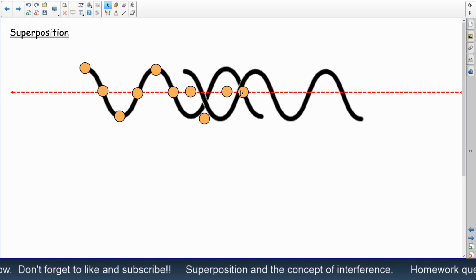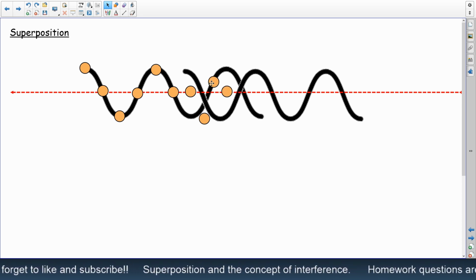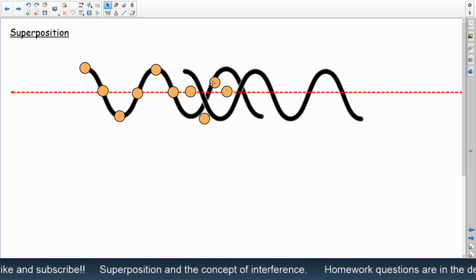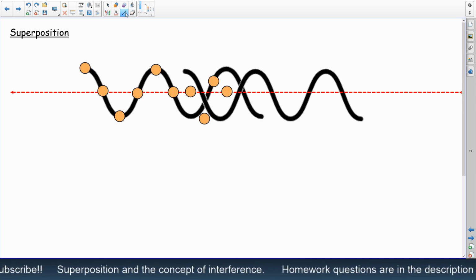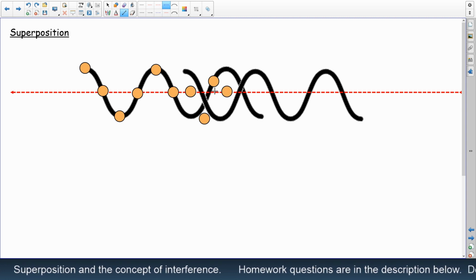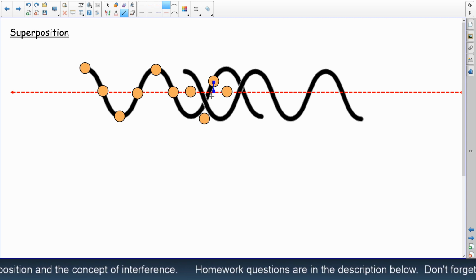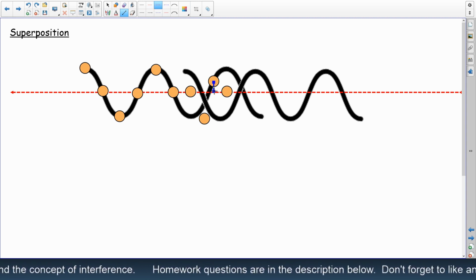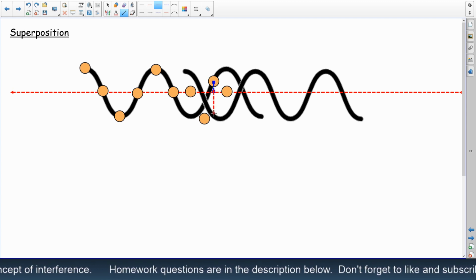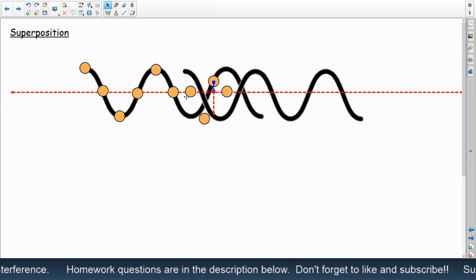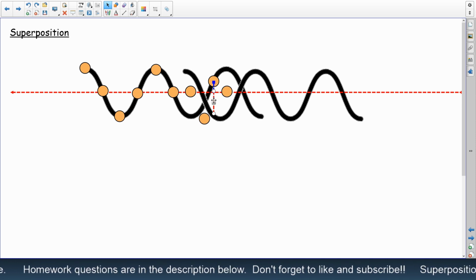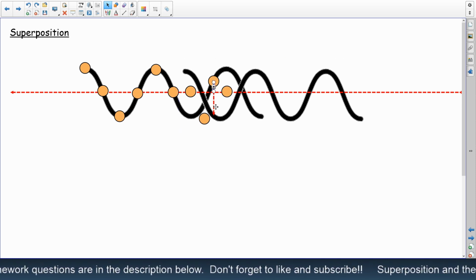Okay, but what about here? Let's say this one's attempting to be moved upwards by this distance. Let's get a little blue one in here, make it a little more obvious. And this one's being moved downwards by this. So we then need to do a vector sum here, which is this large negative plus this quite small positive.